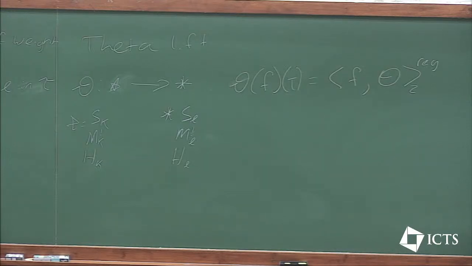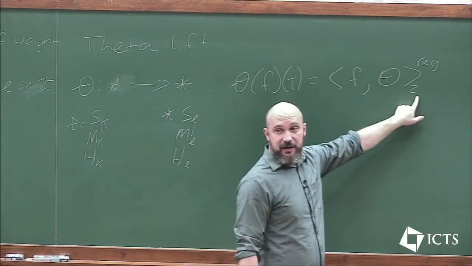And again, as I've mentioned to a few of you, some of those stronger versions of regularization, you start to lose some of the properties that you might want to call this an inner product, okay? But maybe that's the right thing to do to get a theta lift or something like this to actually make sense, okay?